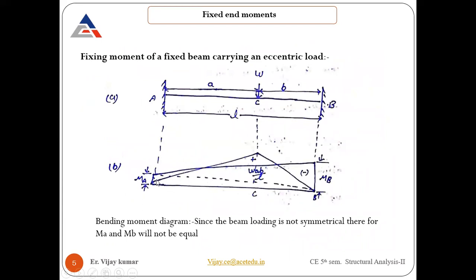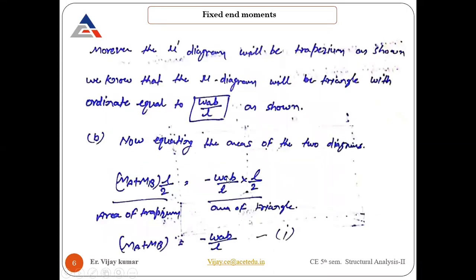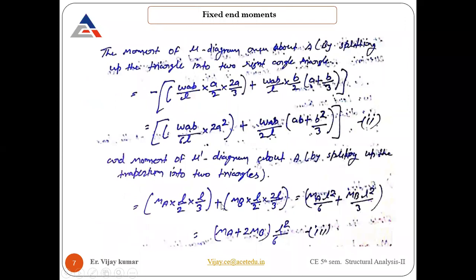Triangle number A. If you are taking this point A, this is one triangle. If you calculate its area, that is MA into L by 2, into the distance where it will act. At the centroid, and the remaining distance is L by 3. Yes, it will be L by 3, plus the other triangle.